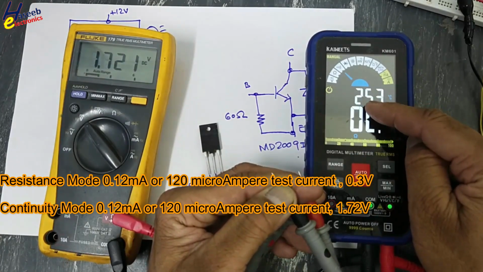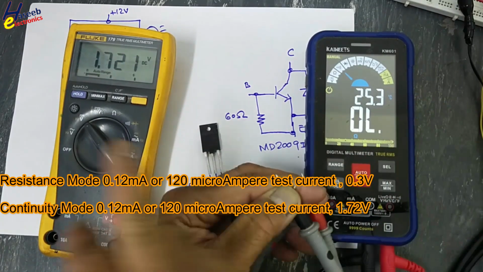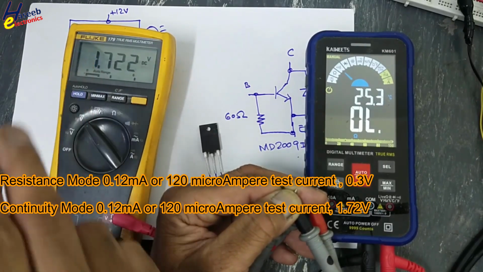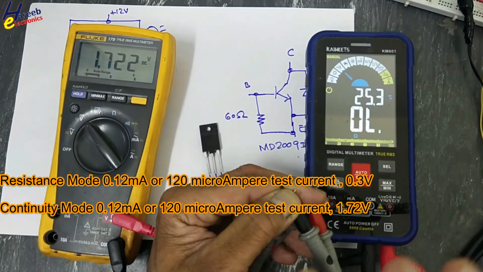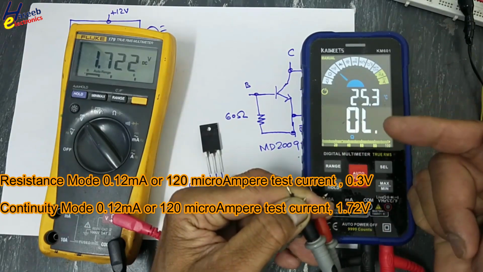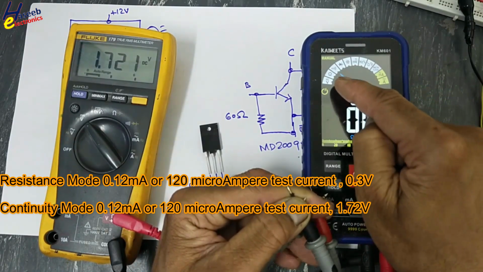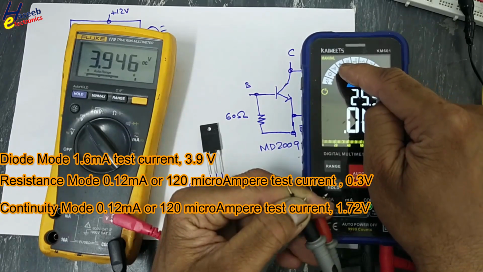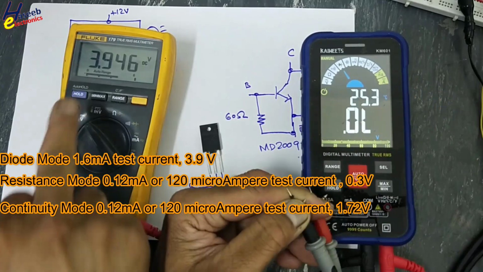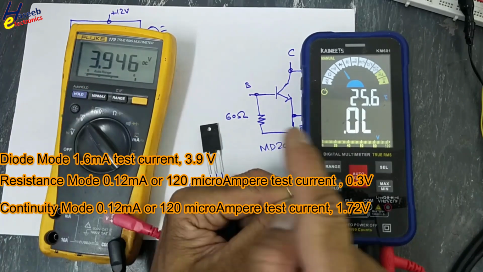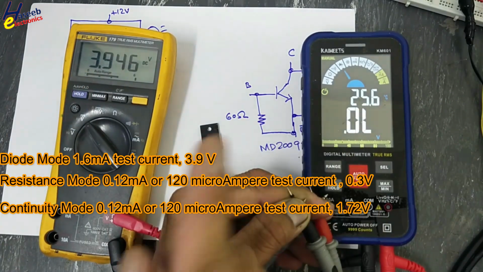In continuity, the test voltage is 1.7 volt, current 120 microampere. In continuity testing, the test voltage is higher than in resistance. But when we check diode, semiconductor, the voltage is 3.94 volt, current is 1.6 milliampere.